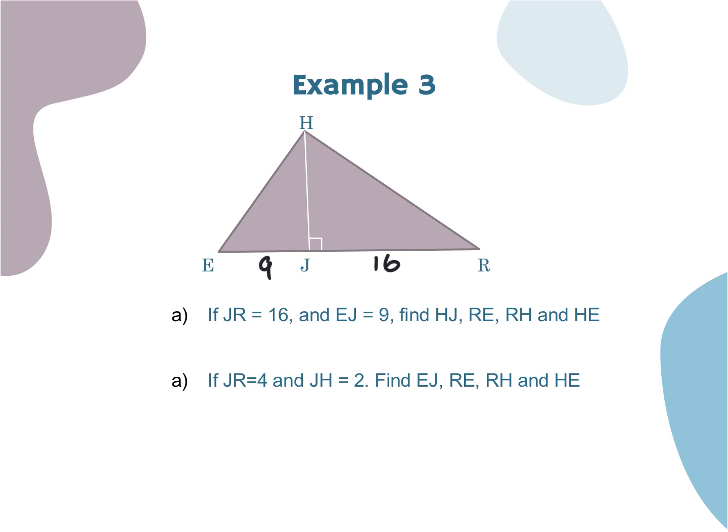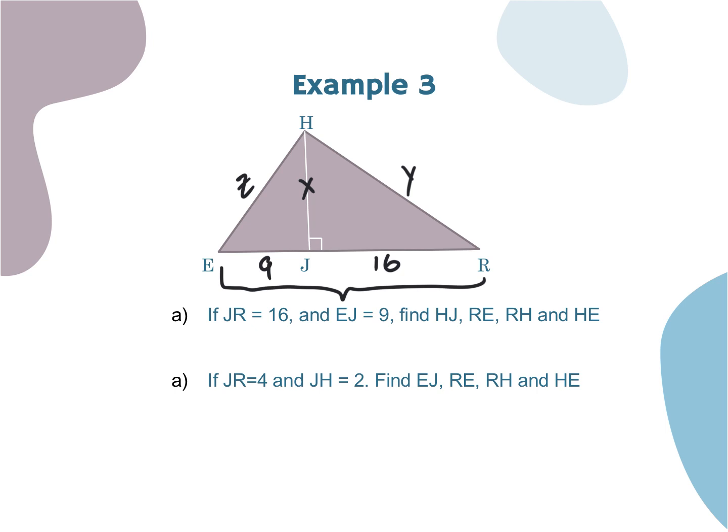So HJ I'm going to call x, and RE I'm going to call z. RE is this whole segment, and they also want us to find HJ and HE. Okay. Sorry guys, I was skipping one of them by accident. So they want us to find all of that.